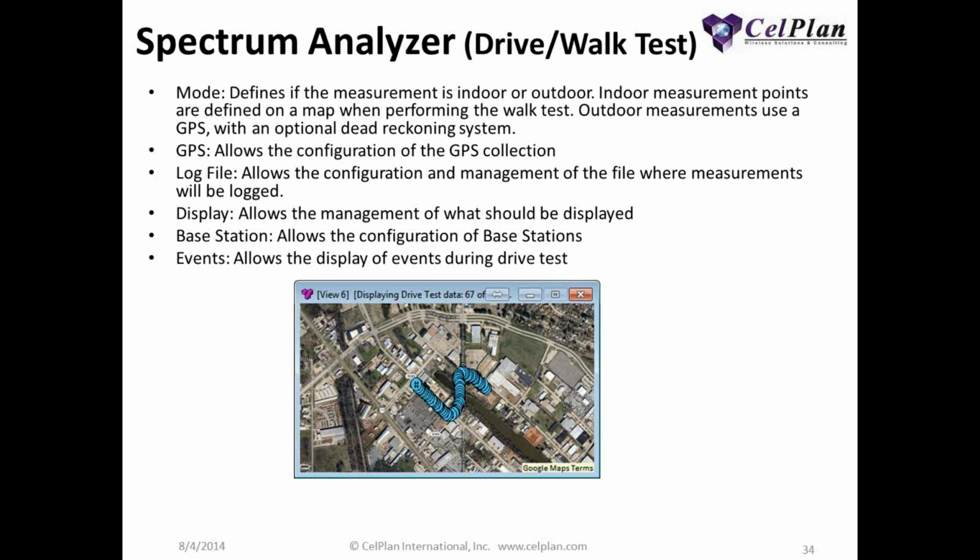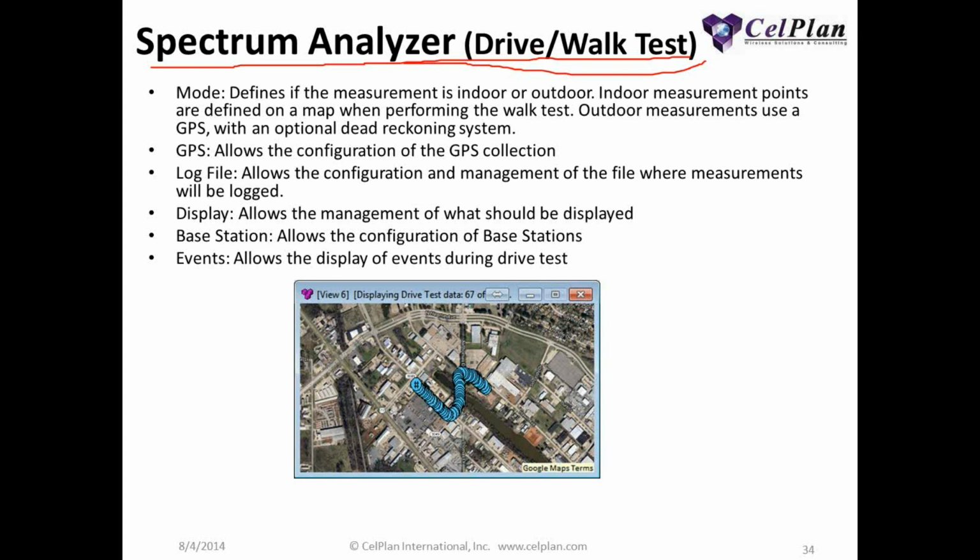Then we can use the spectrum analyzer in a drive or walk test. I forgot to tell you we have a backpack that we can use together with the unit, and you don't really see the equipment, so many times we have to do measurements without people noticing that we are doing measurement, like in malls.